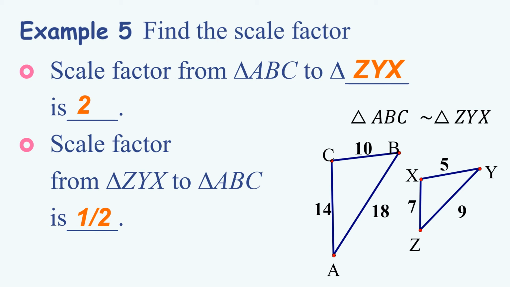That's the difference between seeing the scale factor from one figure to another. In one it is 2 and the other is 1/2. If in one it is 4, the other would be 1/4. So this is one example to give a meaning of the scale factor.